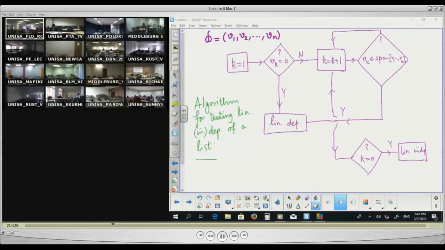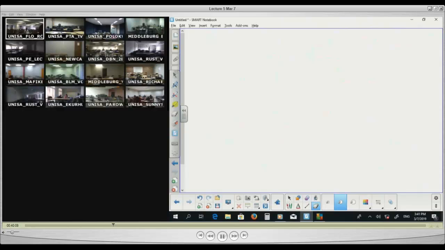Now suppose you give me a vector space and then you tell me that there is a list of size n, okay, which is linearly independent and spans that vector space.